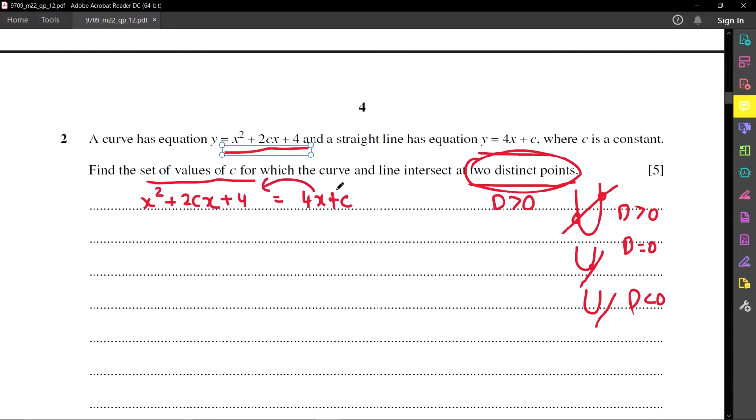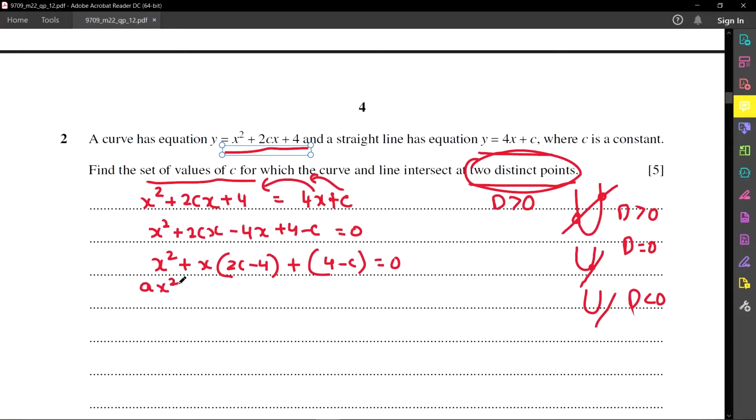Bringing the 4x and c to the other side, this becomes x squared plus 2cx minus 4x plus 4 minus c equal to 0. Let's put it in one quadratic form. So x times (2c minus 4), and this is 4 minus c, equal to 0.